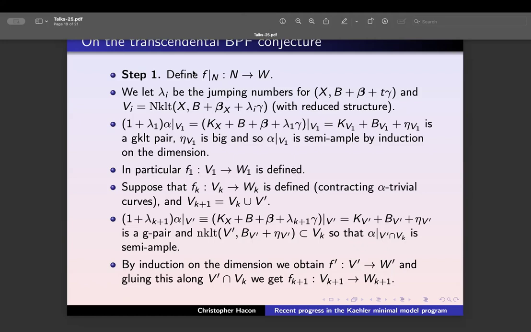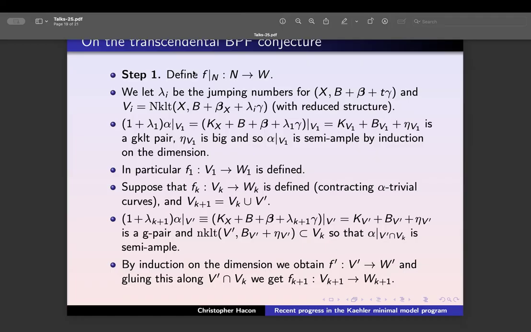Now, the restriction to that locus will not be generalized klt because it intersects the previous locus somewhere. So in some sense, you need to prove a more general theorem. You can't just prove a base point free theorem for generalized klt pairs. You need to prove it up to the non-klt locus.